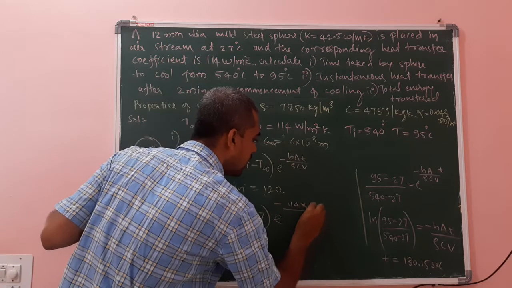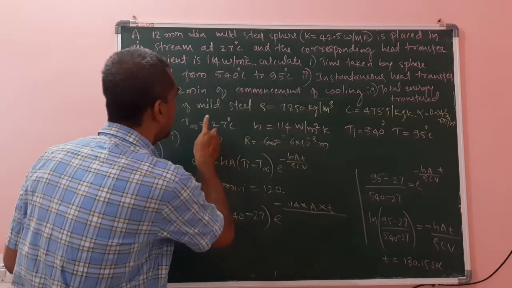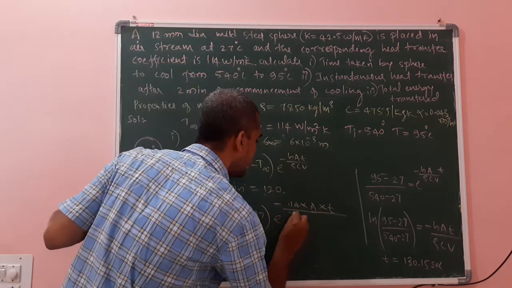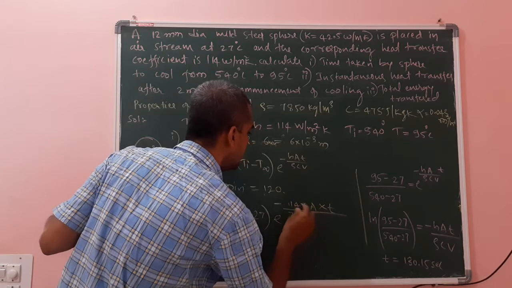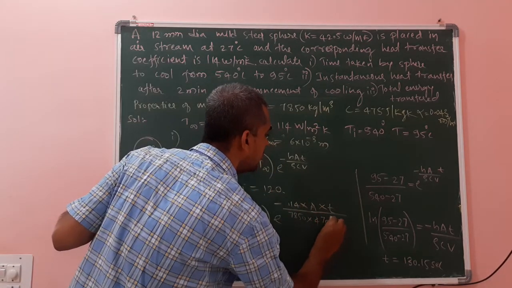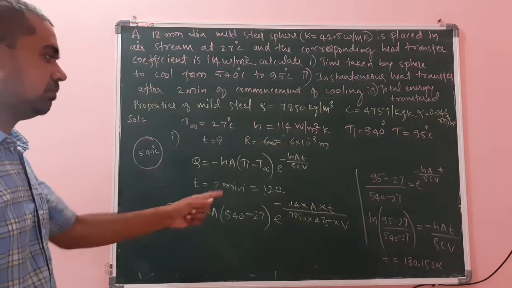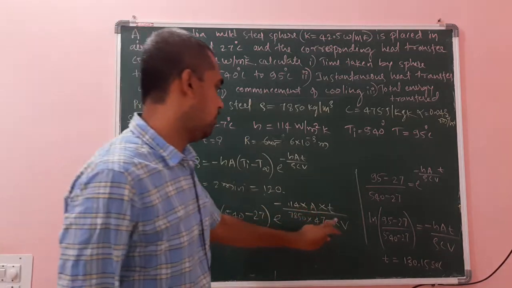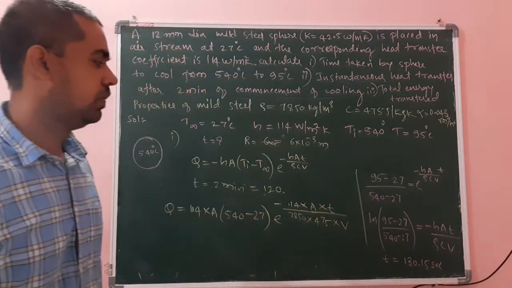t is equal to, I will write A into t divided by density rho. Rho is equal to 7850, into C specific heat 475 into volume. You have to calculate that. Sometimes what we do is substitute the ratio V by A, which is nothing but the characteristic length Lc, equal to r by 3 for a sphere.